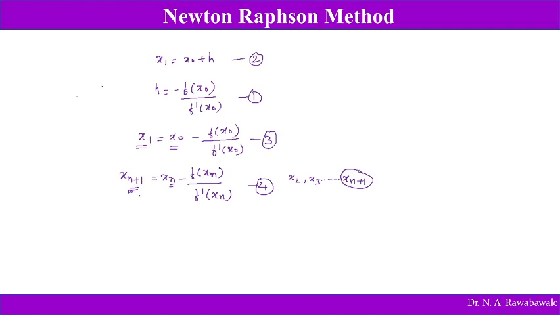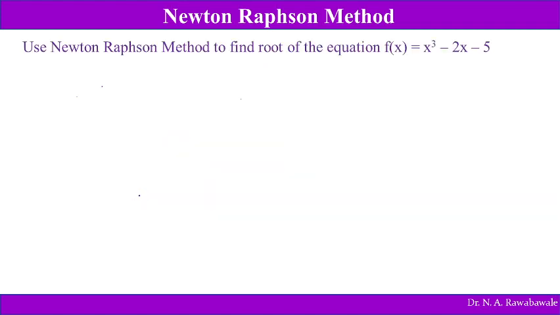Now we will see how to use this Newton Raphson method to improve the existing root of an equation, or to find the root of an equation. Let us consider one numerical. Use Newton Raphson method to find the root of the equation f of x is equal to x to the power of 3 minus 2x minus 5. Here no approximation is given, so for solution purposes we assume some value. If an approximation is given, that is well and good.